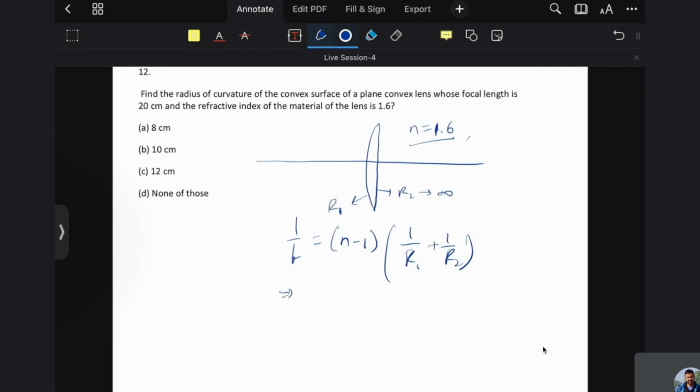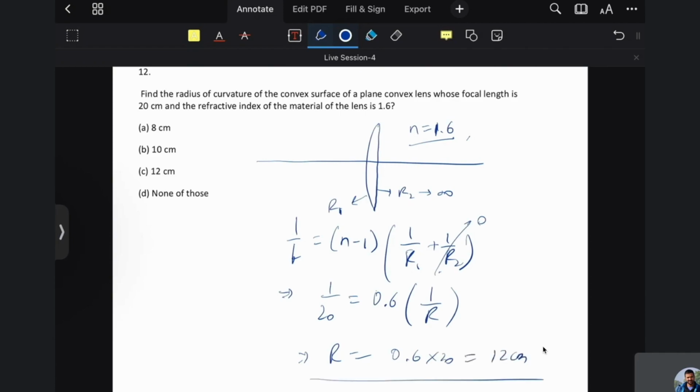You can just put all the information. Focal length is 20 centimeter. 1.6 minus 1 is 0.6. 1 by R1, and 1 by infinity is 0, so this is just 0. Okay, and R is just 0.6 into 20, which is 12 centimeter.